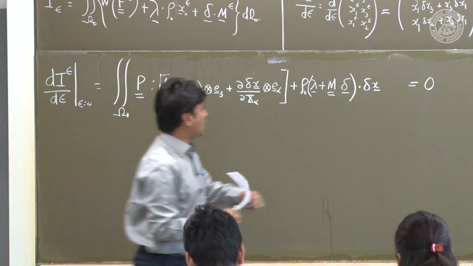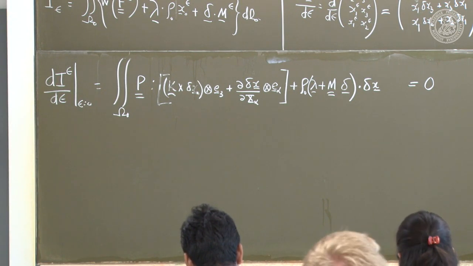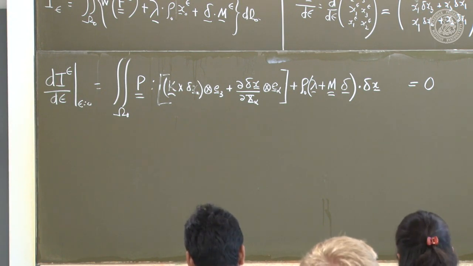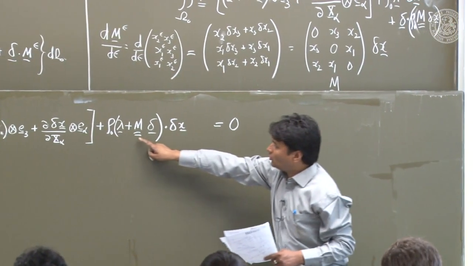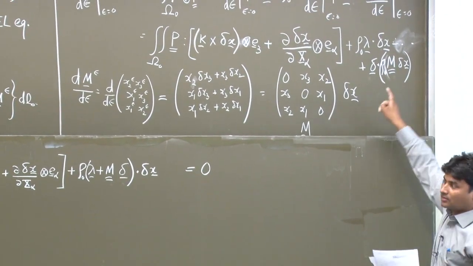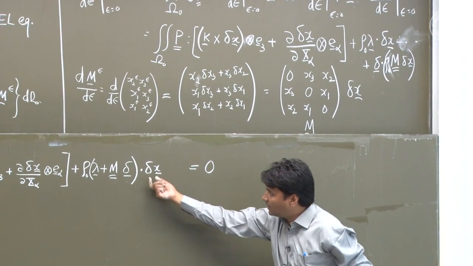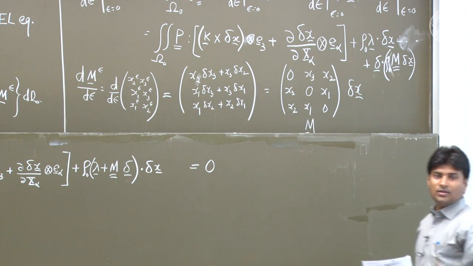Okay, you see the last term over here. So I moved this M on the other side and it becomes M transpose, but M is symmetric, so it is the same as M, and then this becomes rho naught M times delta, and then it is dotted with del x, because I wanted to keep my del x separately. That's why I did it. Okay.